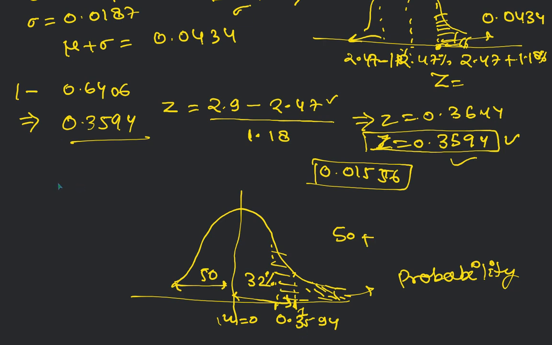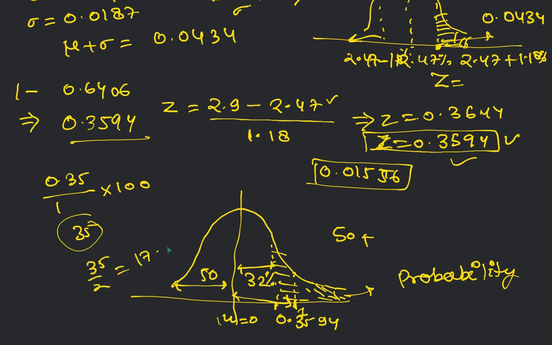So 0.35 over 1 into 100, so 35. Taking 35 over 2, that is 17.5.